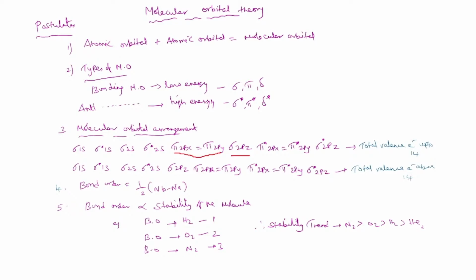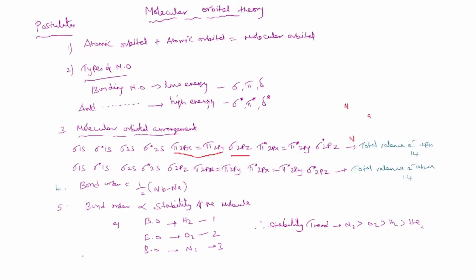Write it down. Just remember the formula: 1/2 (NB minus NA).